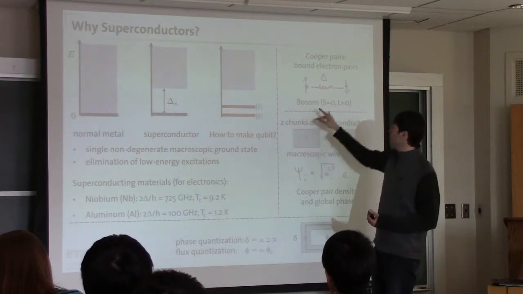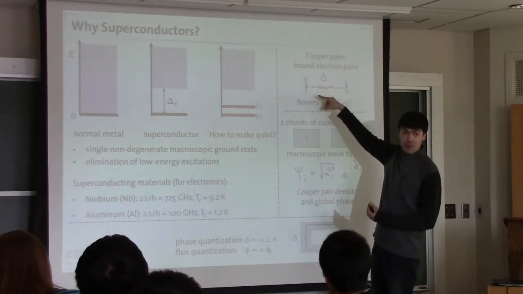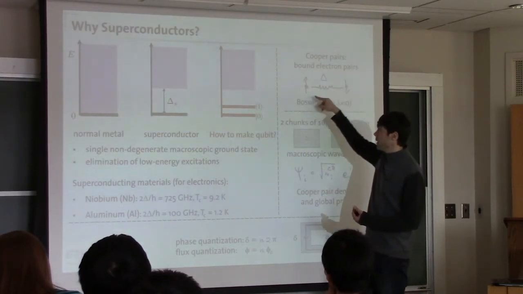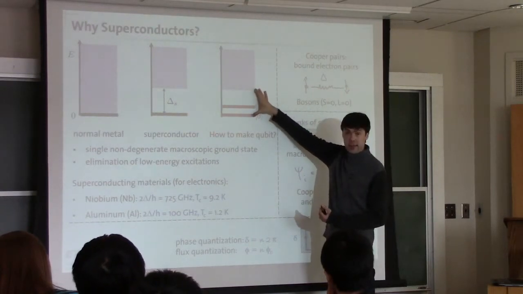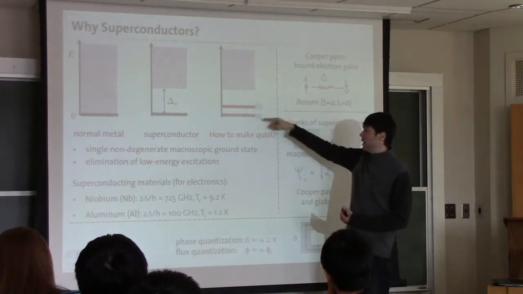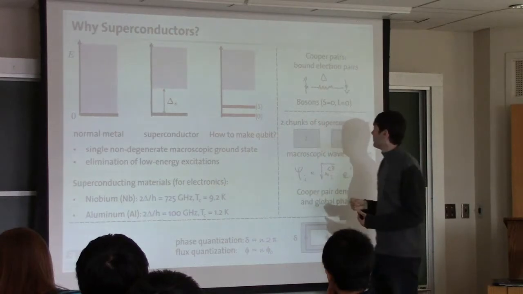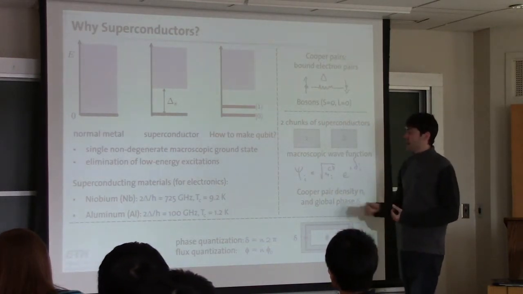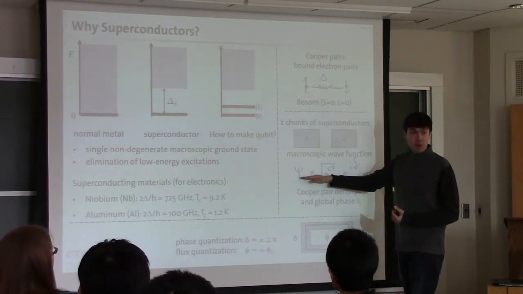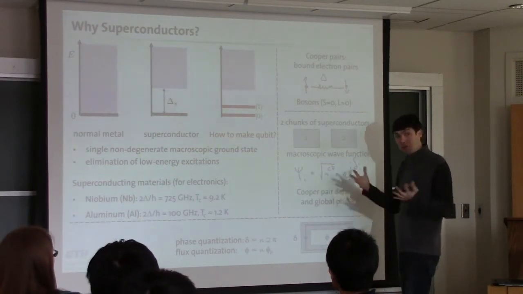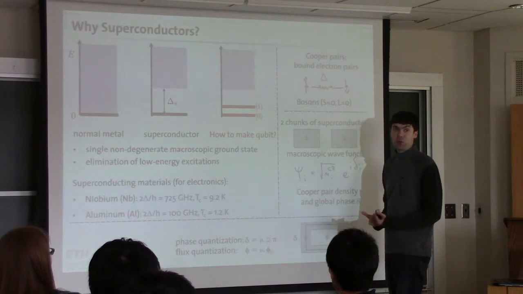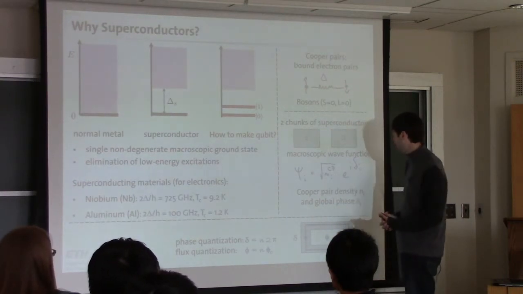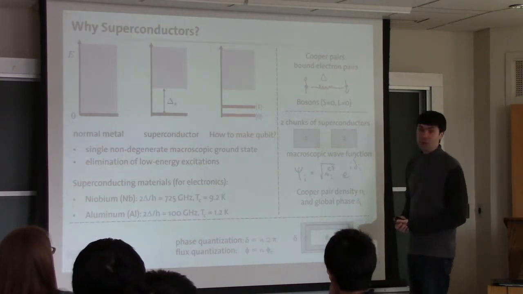Just a refresher for you: superconductivity is made up of Cooper pairs. This pairing is characterized by this energy gap. So to break a Cooper pair, you have to pay this gap. And if you have a piece of superconductor, it is characterized by a macroscopic quantum state, a wave function. So it's a really quantum object, a superconductor. It's a wonderful platform to build qubits.